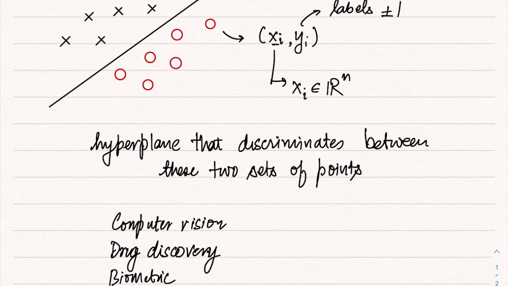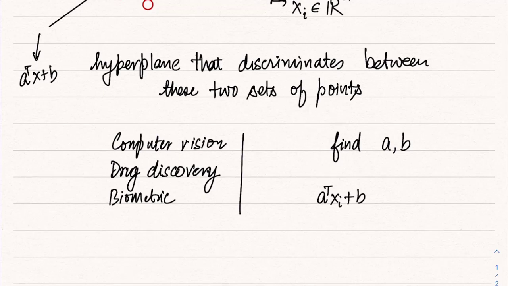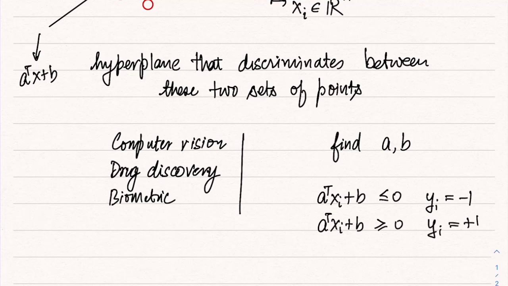So in general, let's say that this hyperplane is given by A transpose x plus b. For all of these problems, the goal is to solve this feasibility problem, where we try to find A and b such that A transpose xi plus b is less than or equal to 0 whenever yi is minus 1, and A transpose xi plus b is greater than or equal to 0 whenever yi is plus 1.